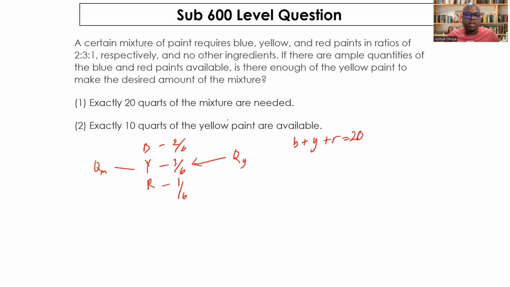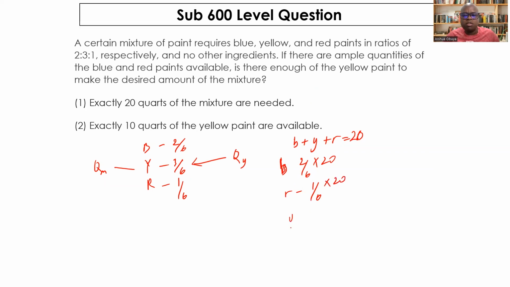So given the statement, we have enough of yellow and blue to be able to give us the 20 quarts. If you have enough of blue and red, that means you have 2/6 times 20 for the blue one, and for the red one, 1/6 times 20.